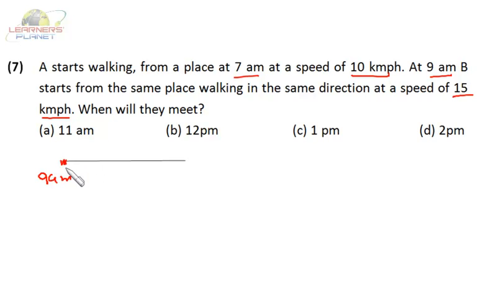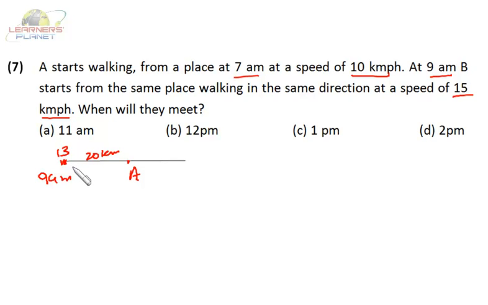So at 9 a.m. B will be here and A will be here, and the distance between them is 20 kilometers. Now once again, if B starts walking from this place, it is assumed that A is also walking. That means A is also not going to stop. Now A will be moving with the speed of 10 km per hour and B is moving with the speed of 15 km per hour.